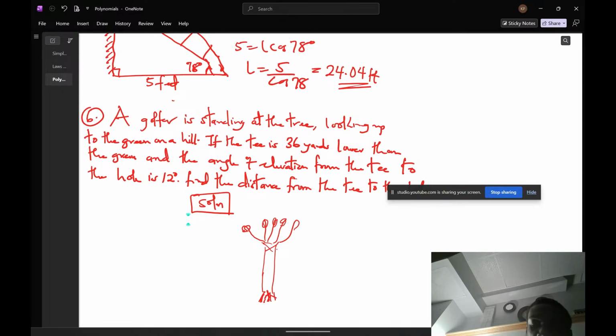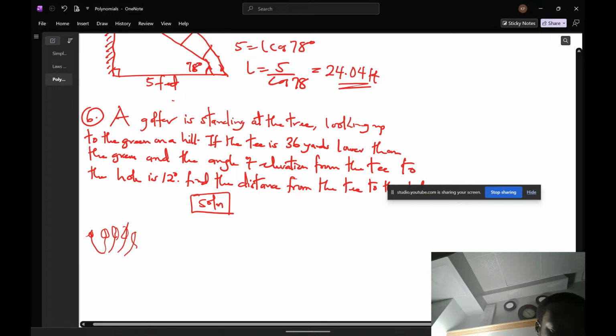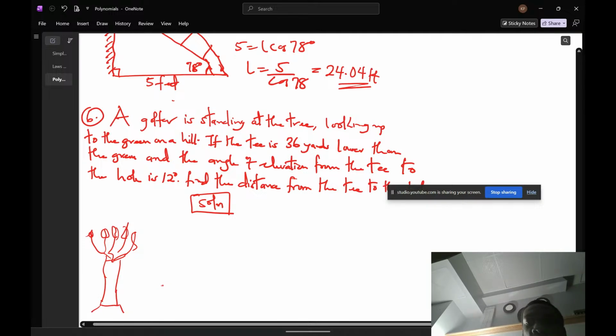Let me draw the tree on the left hand side so that I can have more space to draw. So this is the tree.